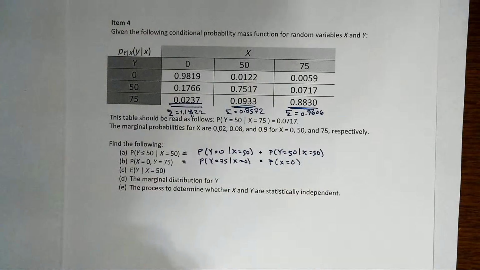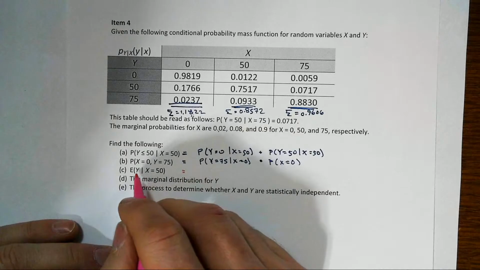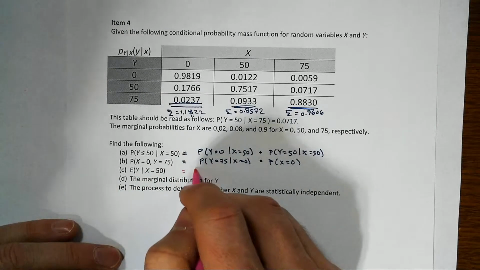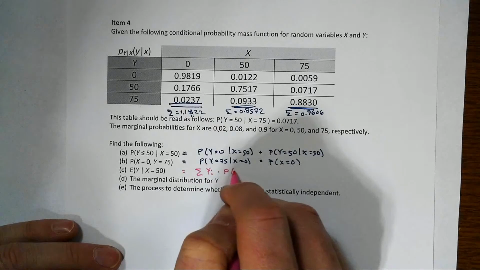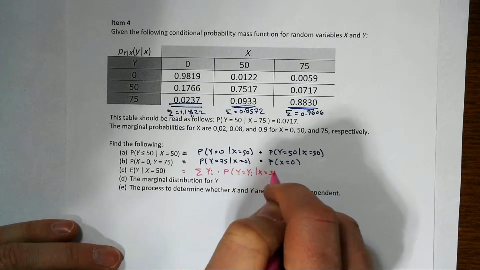then the conditional expected value, is just going to be the sum of the individual values of y weighted by the conditional likelihoods. So that would be the sum of the yi's times the probability that y is equal to yi given that x is equal to 50.